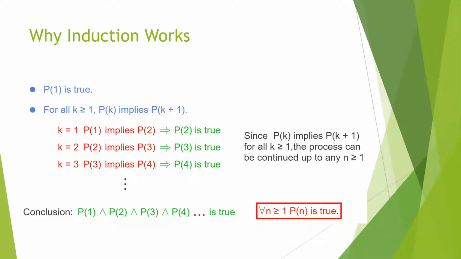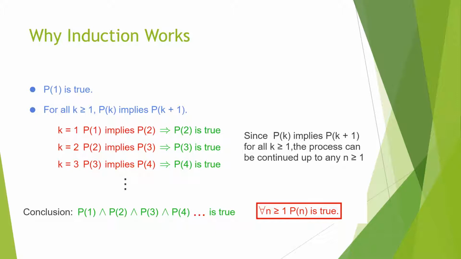If you replace k by 1 in the inductive step, P(1) implies P(1+1), which is P(2). Since P(1) is true based on the basis step, P(2) has to be true.